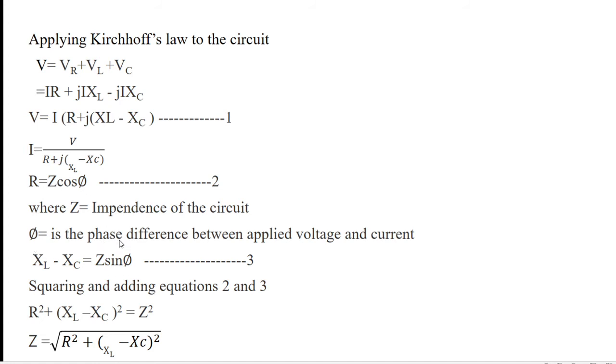Squaring equation 3, we get XL minus XC whole square is equal to Z square sin square phi. By adding these two equations, we get R square plus XL minus XC whole square is equal to Z square, or Z is equal to root of R square plus XL minus XC whole square.